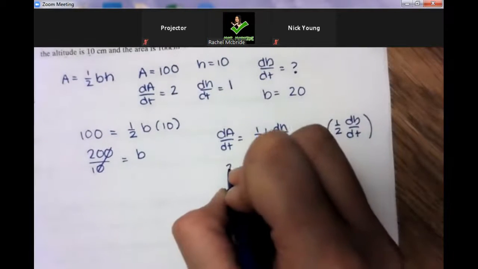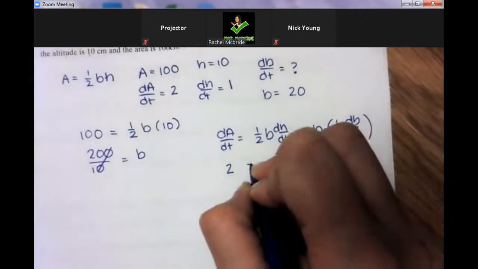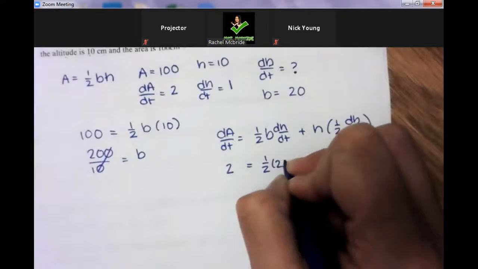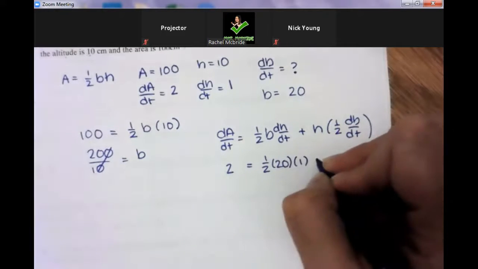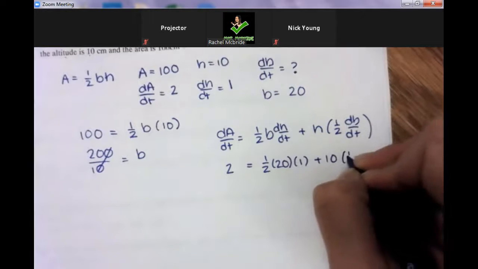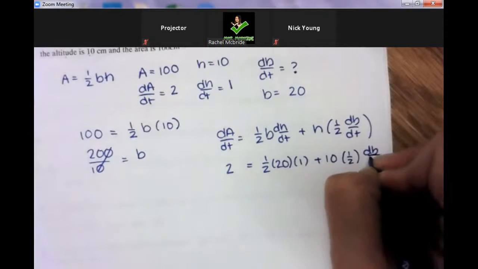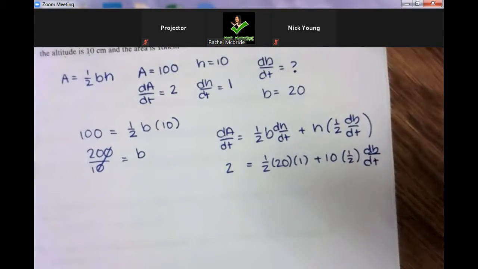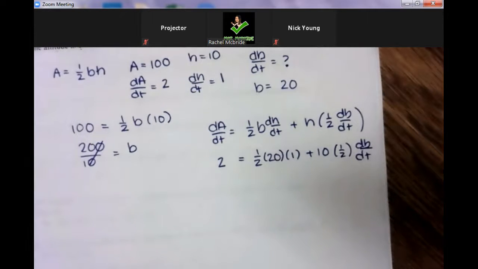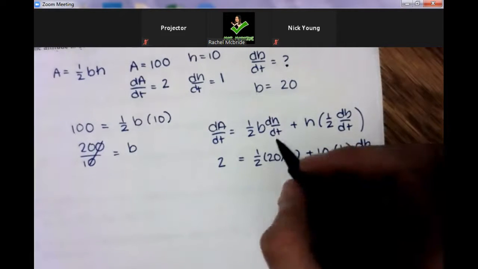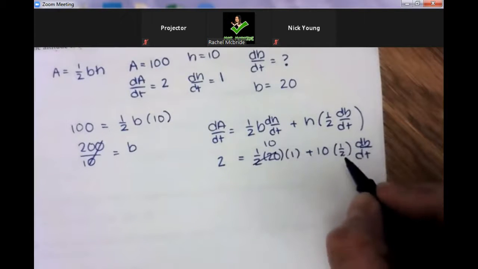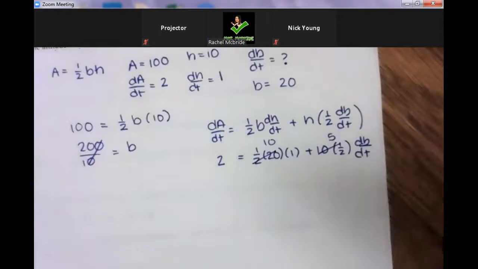And then I'm going to plug in what I know, which is 2, 1/2, 20, 1, 10, 1/2, and what I'm looking for. So 1/2 of 20 is 10, 1/2 of 10 is 5.